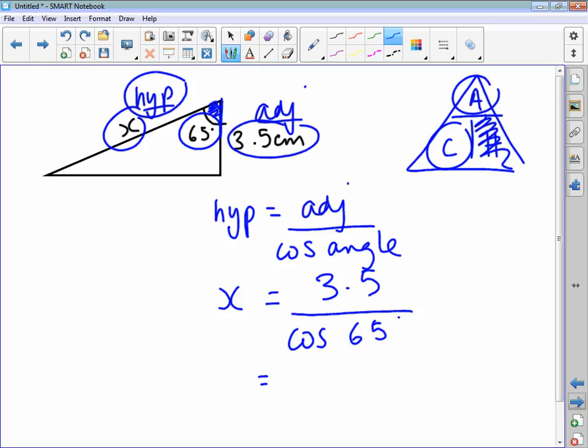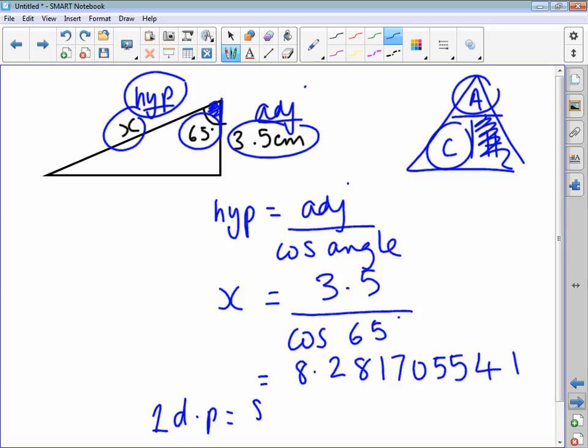Put that into a calculator, and that gives us an answer of 8.2817055541. Rounding that to one decimal place would give us 8.3. Rounding that to three significant figures would give us 8.28.